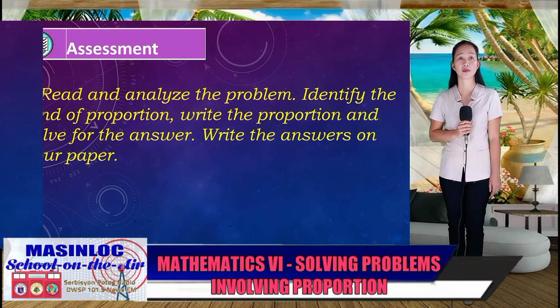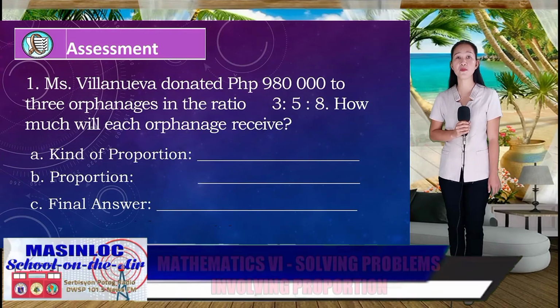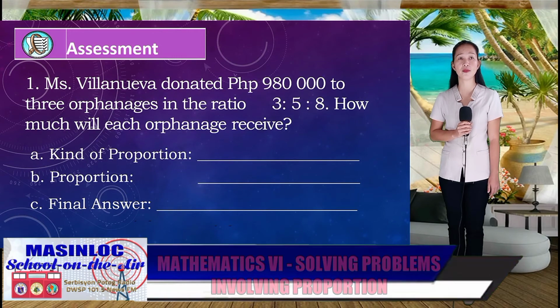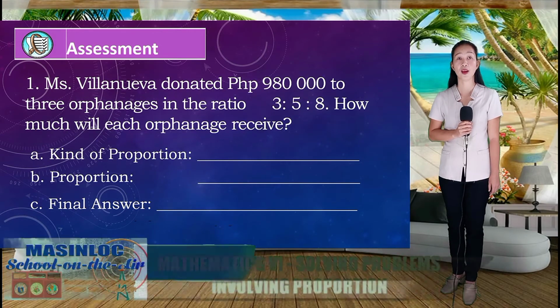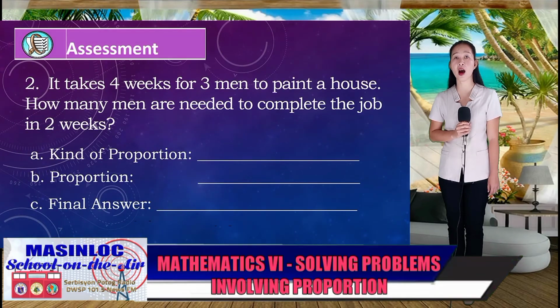Number 1. Mrs. Villanueva donated 980,000 pesos to 3 orphanages in the ratio of 3:5:8. How much will each orphanage receive? Number 2. It takes 4 weeks for 3 men to paint the house.